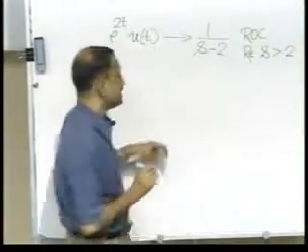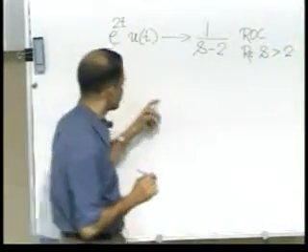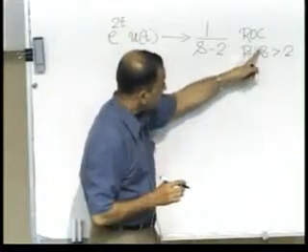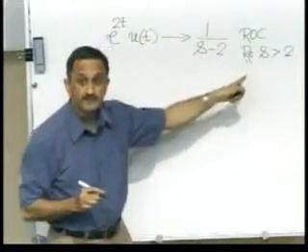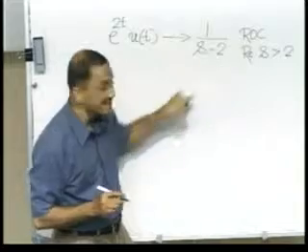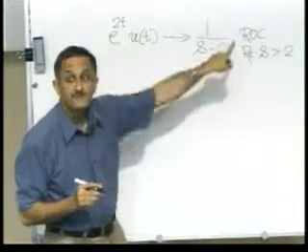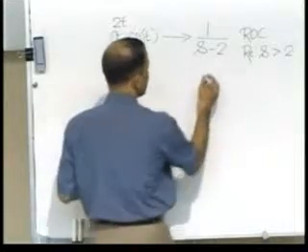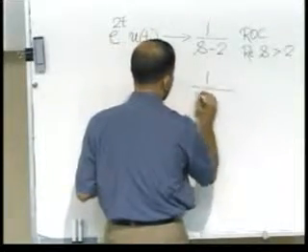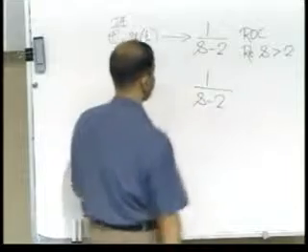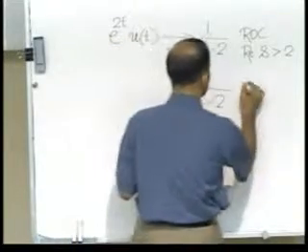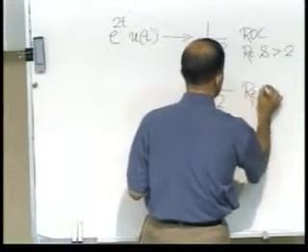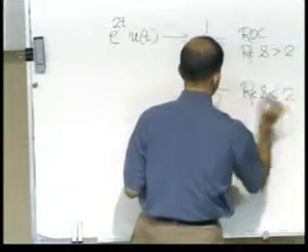The first thing that I wish to emphasize is that the region of convergence is important, because there could be another Laplace transform with the same expression but a different region of convergence. In fact, let us consider the Laplace transform 1 by s minus 2, but with a region of convergence real part of s strictly less than 2.